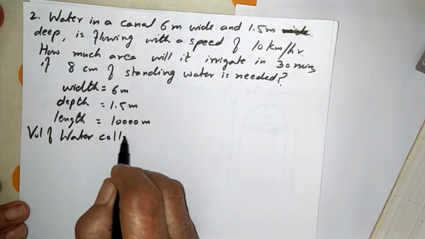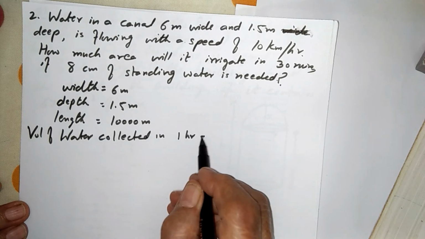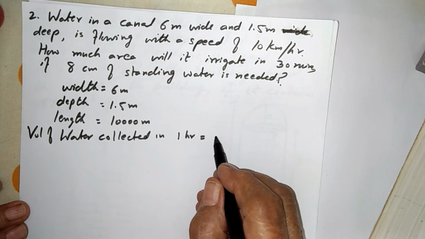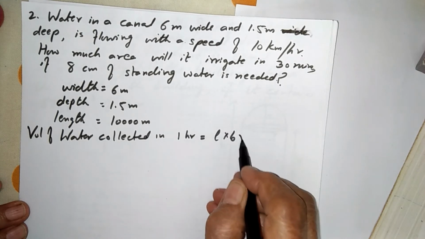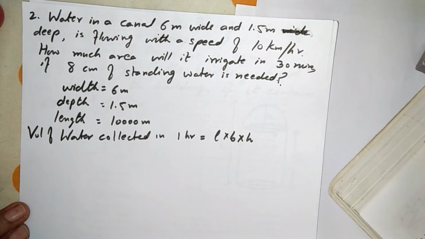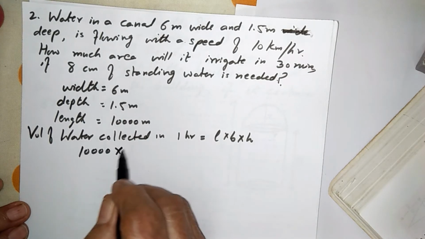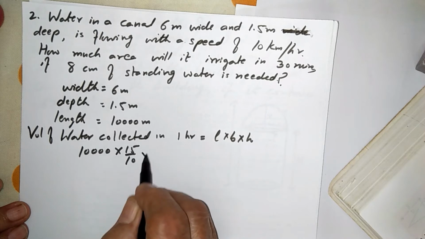The volume of water collected in 1 hour will be L into B into H, which will be, we will multiply this 10,000 into 1.5 into 6.